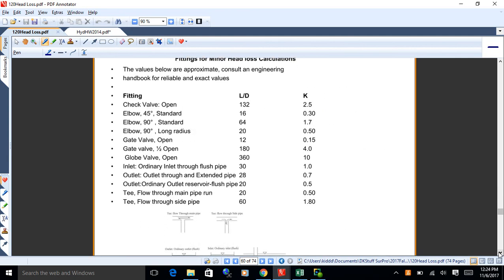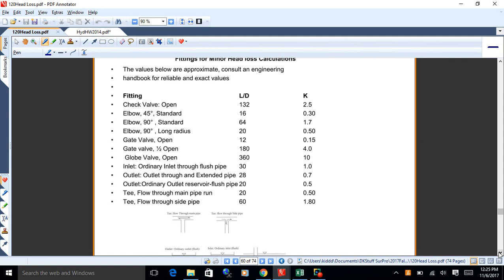All right, and on the next page, page 123, I've got a number of different fittings, and there's a method to convert them. There are some outlets and inlets that we consider. There are also some T's. When you're looking at T's, you have to consider which branch of the T the water is flowing through.